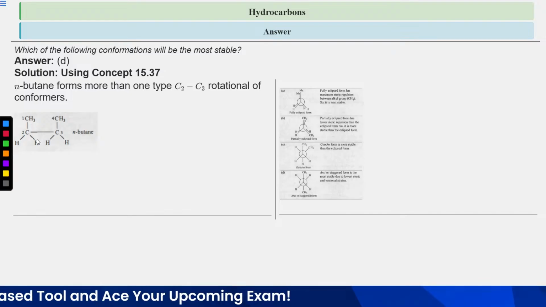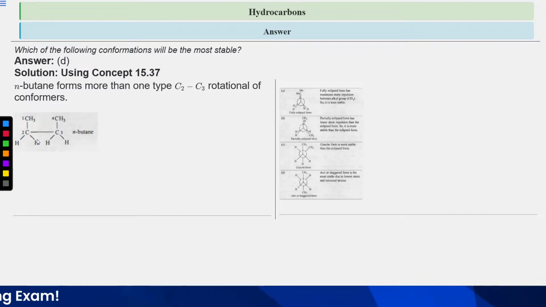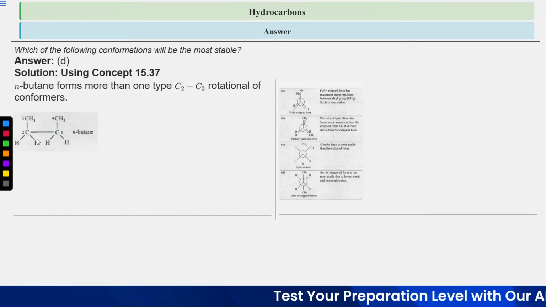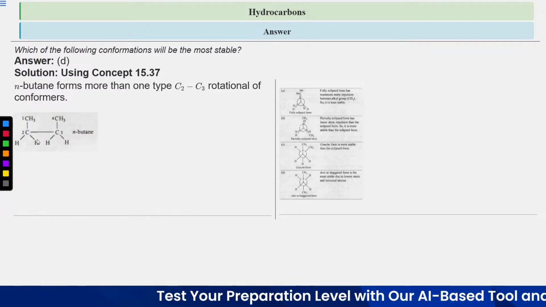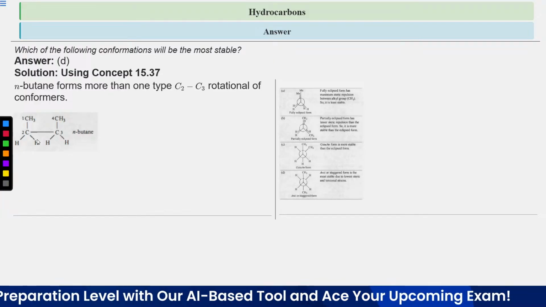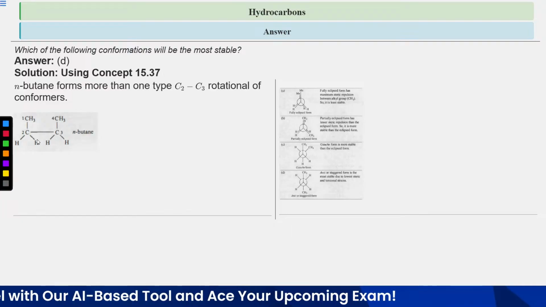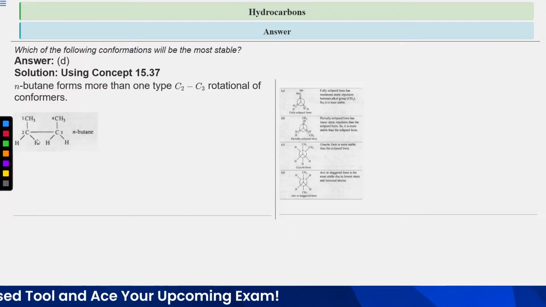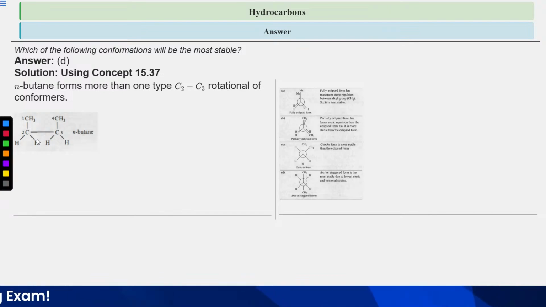Option A is given as this structure, which is the fully eclipsed form, and it has maximum steric repulsion, because you can see that the methyl groups and hydrogens are as close to each other as possible. So there is maximum steric repulsion between the alkyl groups CH3. So it is the least stable conformation.